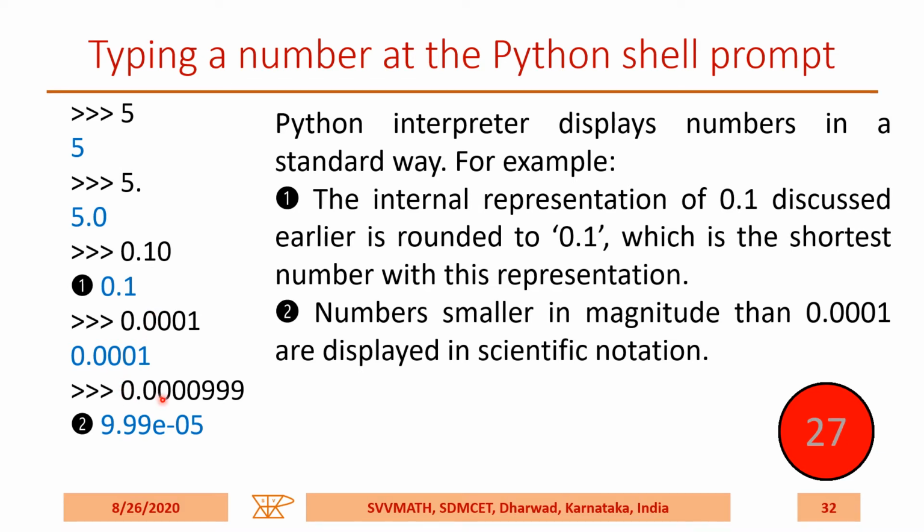When I say 0.0000999, it is less than 0.0001, hence it is displayed in scientific notation. You can pause the video, rewind the video, try to understand, and you have to practice these things. By just seeing the slide, it is difficult to remember.